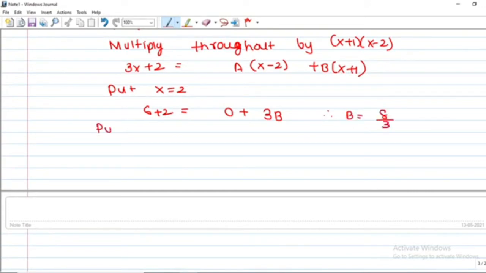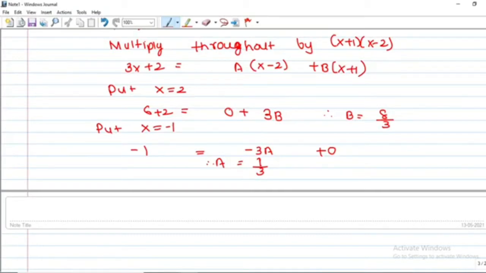After this, what will we do? Put x equals minus 1. The moment I put minus 1, 3 into minus 1 is minus 3 plus 2, which is minus 1, and here our answer will be minus 3A, and the B term will be 0. So we are getting A, therefore A equals 1 by 3. So we got the A value. Let me check. X equals minus 1, x minus 2 is minus 3.